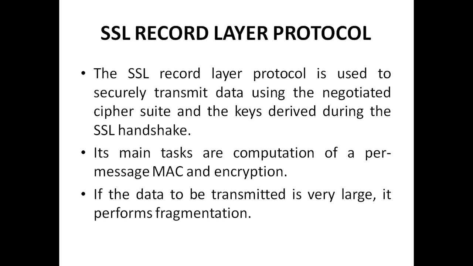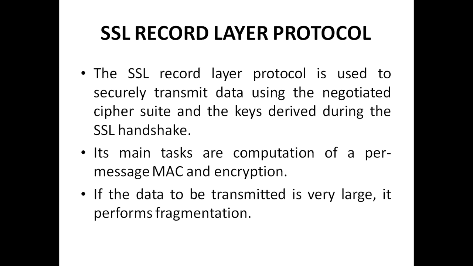So the second protocol of SSL is the SSL record layer protocol. This SSL record layer protocol is used to securely transmit data using the negotiated cipher suite and the keys derived during the SSL handshake. Its main tasks are computation of a per-message MAC and encryption.